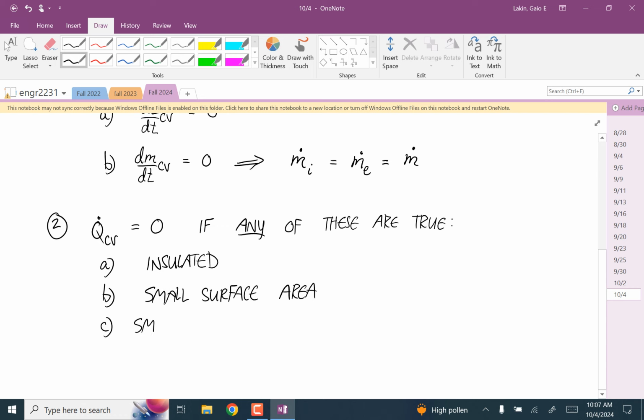Third, if it says there's a small temperature difference between the device, the control volume, and the surroundings. Okay, so any one of those, think of that as a code that says I can cancel out that Q dot term.